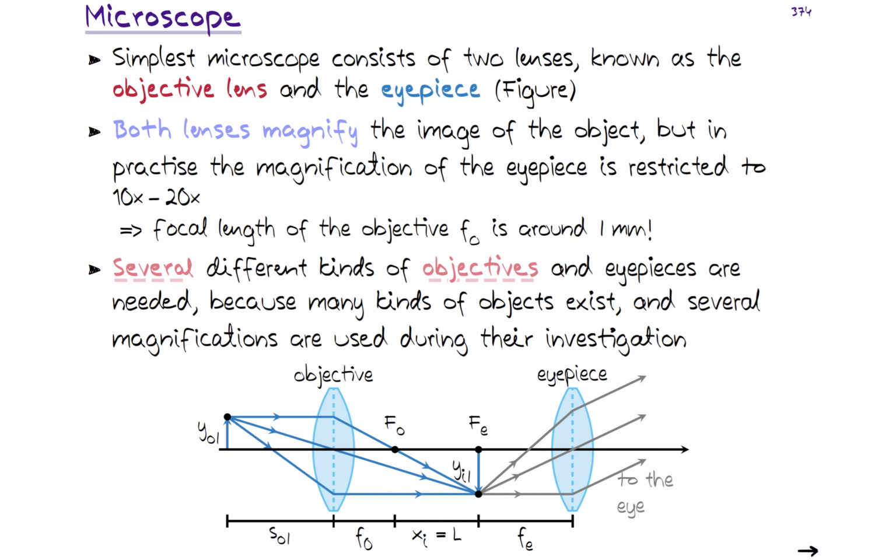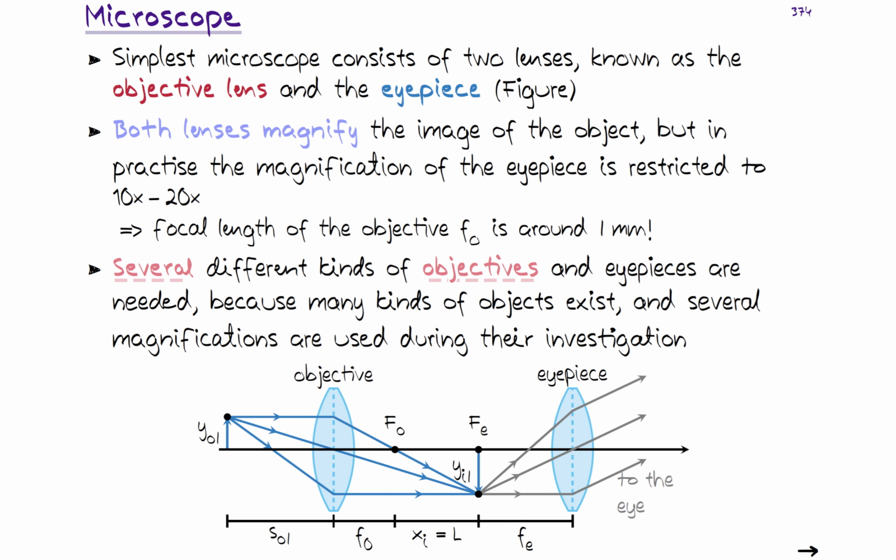Also, if your specimen is in an aqueous solution, you will have a different objective lens. If you want to use oil immersion so that you get better resolution and can see finer details of your sample, then you have different objectives for that, and so forth. So it's actually a huge variety of objective lenses that you can buy. And then, of course, depending on the overall quality that you need, you can buy cheaper ones or more expensive ones, especially in terms of aberration corrections.